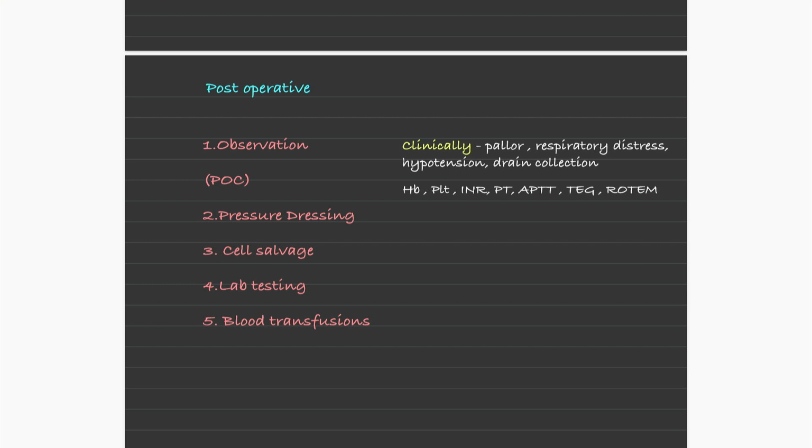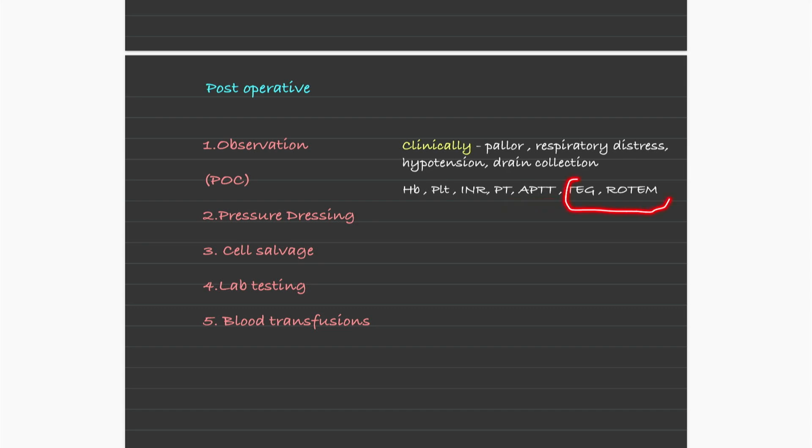Postoperatively, we can observe the patient. We can see the patient clinically, if the patient is having any pallor, respiratory distress, tachycardia or hypotension, and we can see the drain collection. Then we can use point of care testing. Point of care testing helps in testing at the bedside only. We can use it for hemoglobin, platelet, INR, PT, APTT.